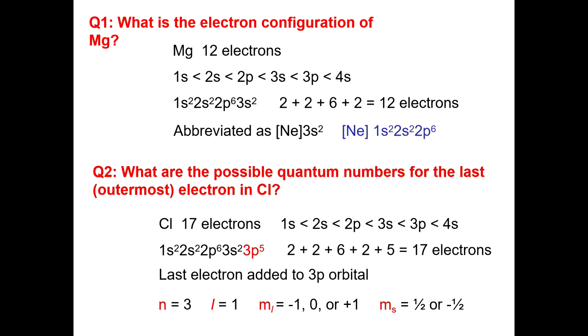So these are the possible quantum numbers for the last electron. n must be 3, l must be 1, but ml can be these 3 numbers, and ms can be these 2 numbers. Okay? So any questions for this?